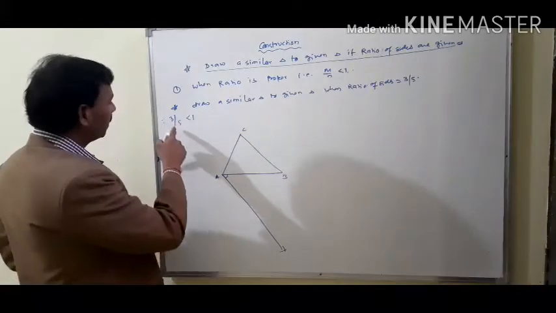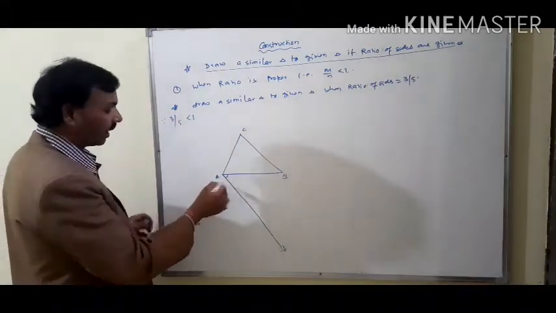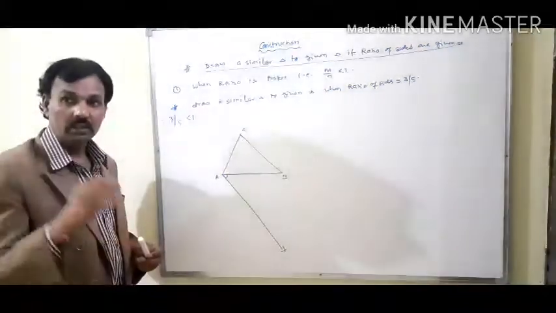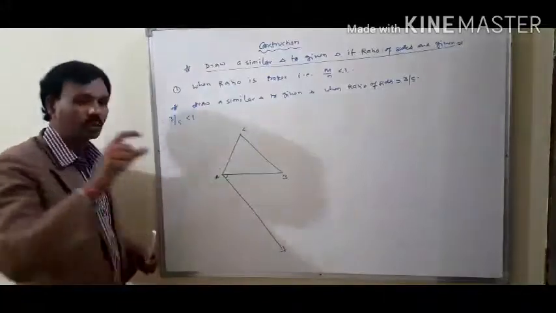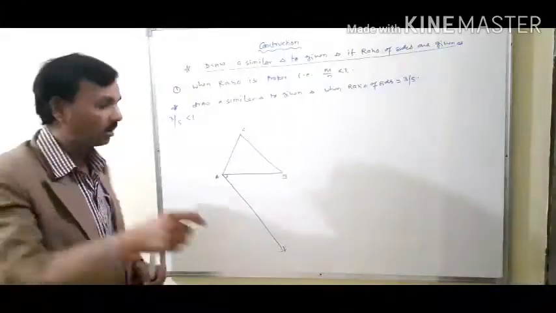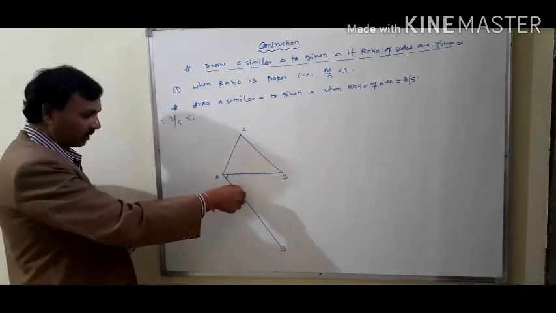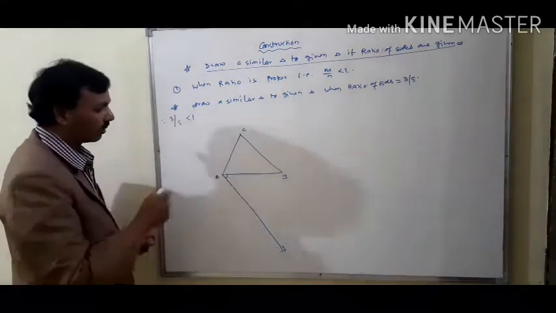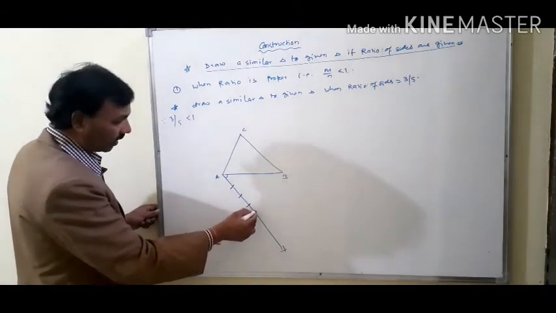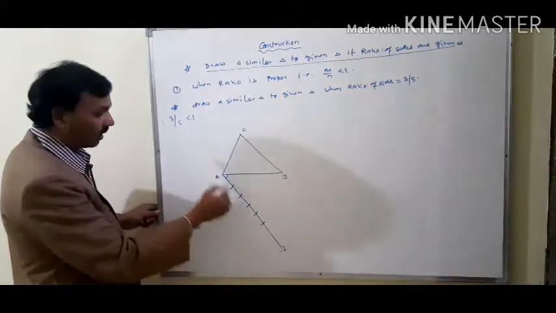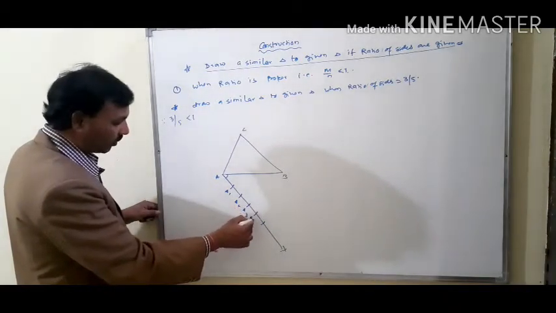We should cut arcs equal to 5 with the same radius with the help of your compass. Take a radius in your compass and cut arcs like this, first, second, third, fourth and fifth, naming them A1, A2, A3, A4 and A5.